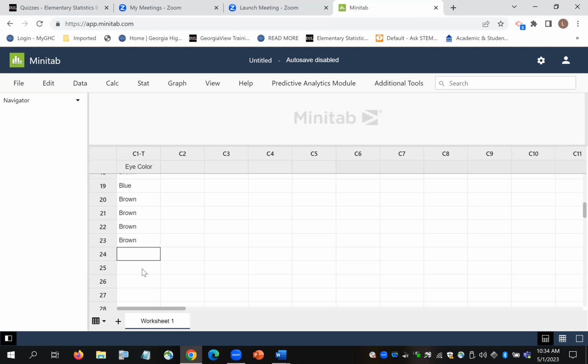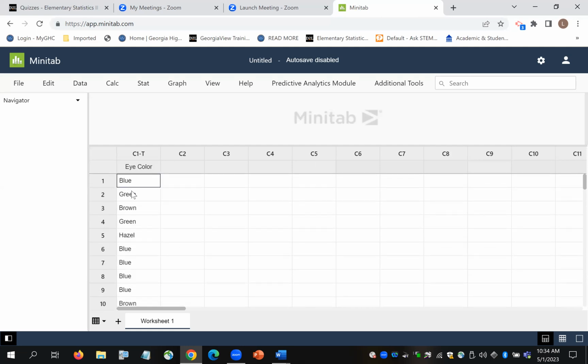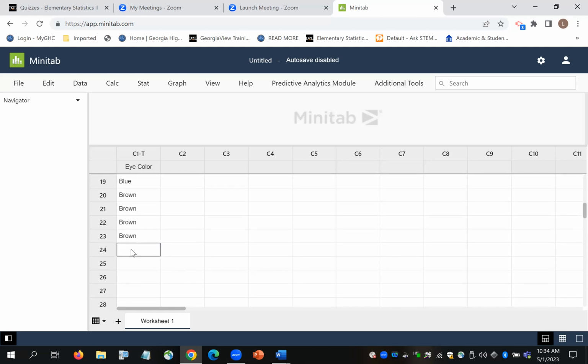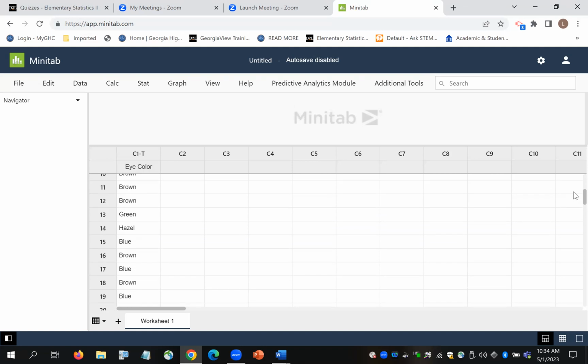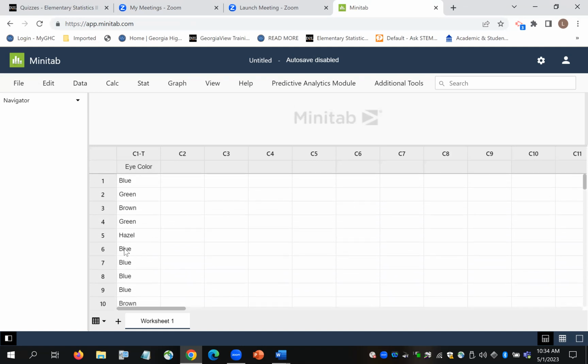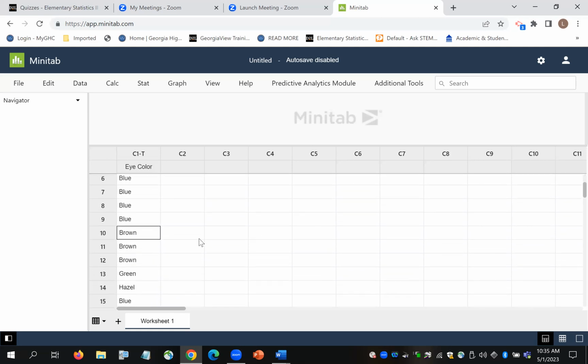Okay, let me make sure I didn't miss any. I must have missed 2 because I'm supposed to have 26. So blue, green, brown, green, hazel. Oops, I'm missing a hazel. So I'm going to add the hazel at the bottom. It's okay, it doesn't have to be in order. There's my other hazel. Blue, blue, blue, blue, brown, brown, brown.